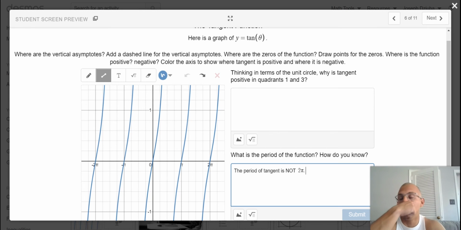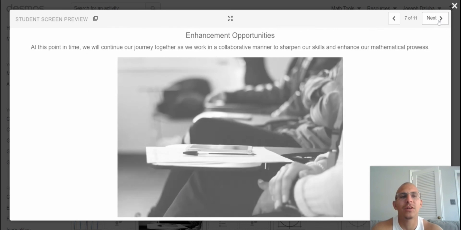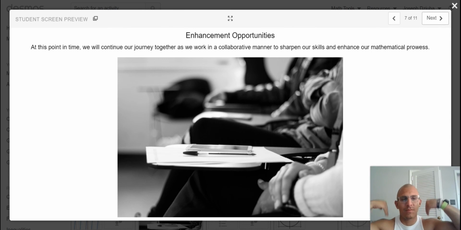That's a bit tedious, but you could also think about, since tangent is the ratio of sine and cosine, we really are simply concerned with the signs, which is why our first question is asking you why tangent is positive in quadrants 1 and 3. What is it in quadrants 2 and 4? That should help you determine the interval for the period of the function before pausing, where we'll pick up together in class.